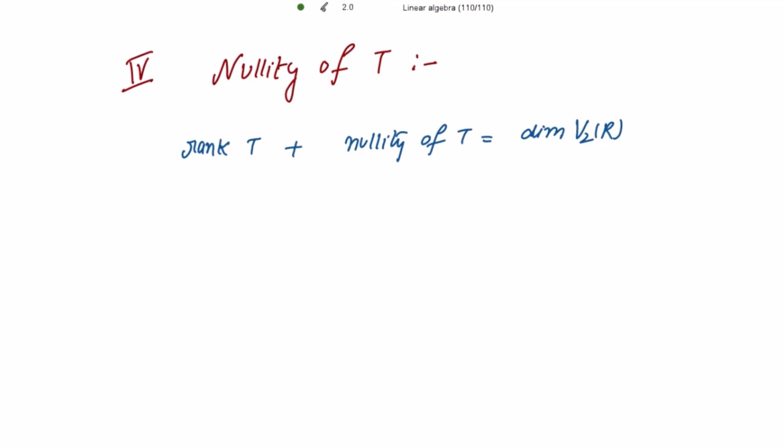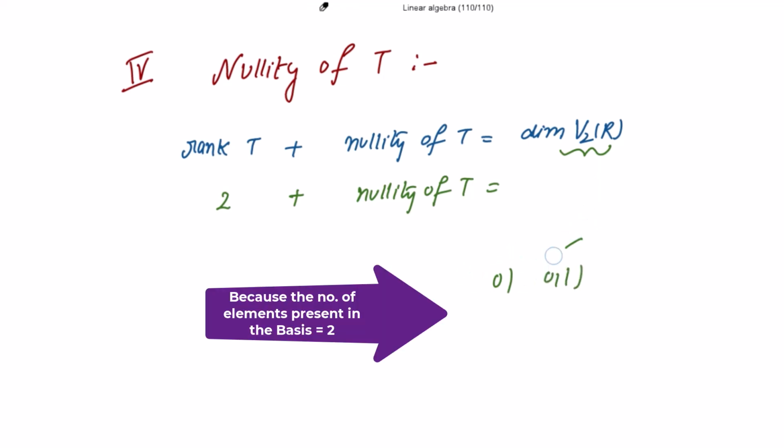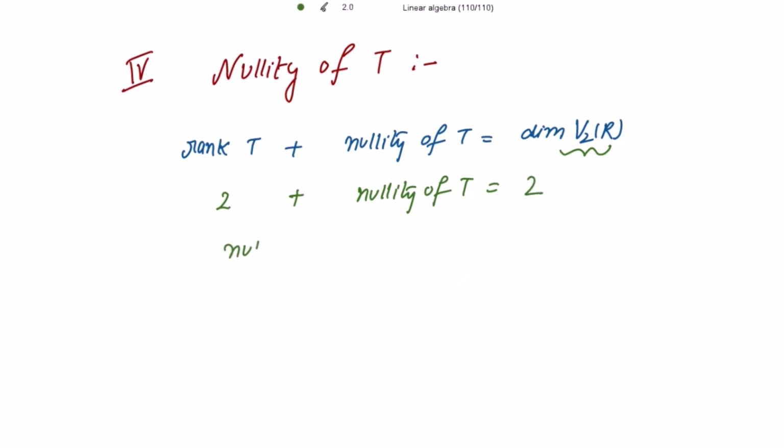We have just now found that the rank of T is 2, and we need to get the nullity of T. What is the dimension of V2(R)? We know that the standard basis for this vector space is (1, 0) and (0, 1), right? So the dimension of this is 2. So we get the nullity of T to be equal to 0.